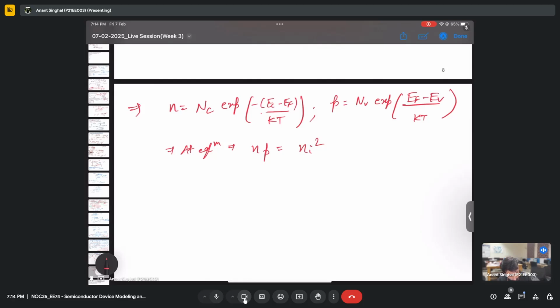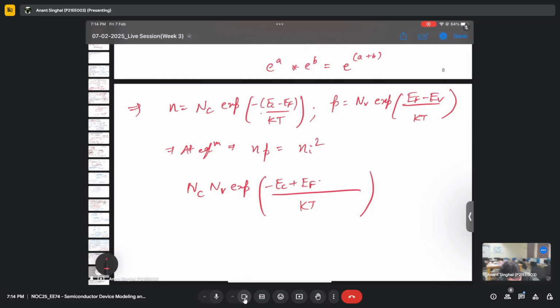No. So I'm just putting the value of n and p here. So it will be NC NV and then exponential over KT. Exponential of A into exponential of B is what? Exponential of A plus B. Yes, A plus B. So this plus this will be that.